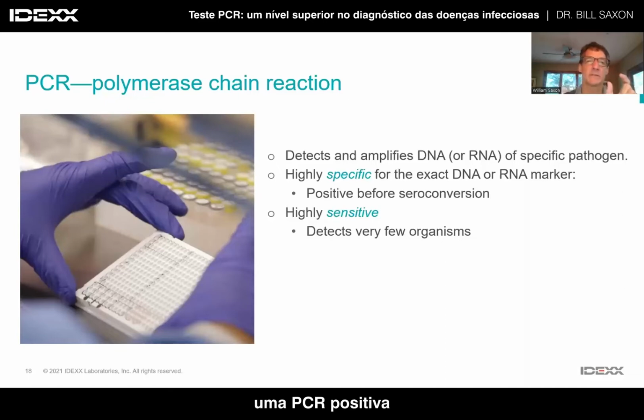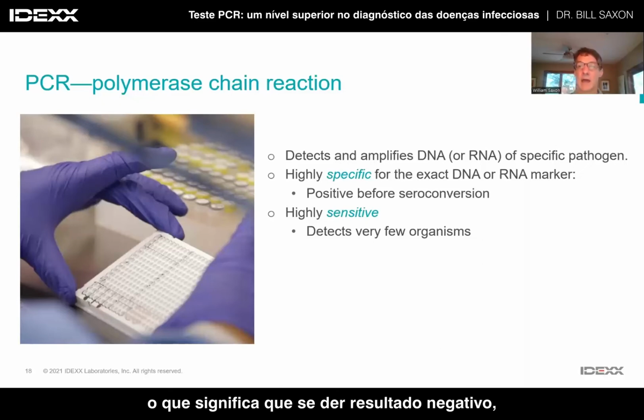A positive PCR for whatever organism you're testing means that organism is present in the sample. And it's also a very highly sensitive test, meaning that if you have a negative result, the chances of that organism being present are very, very slim. PCR is so sensitive, it's reported to be able to detect as little as 1 to 10 organisms.